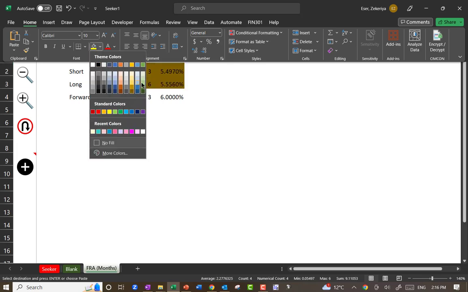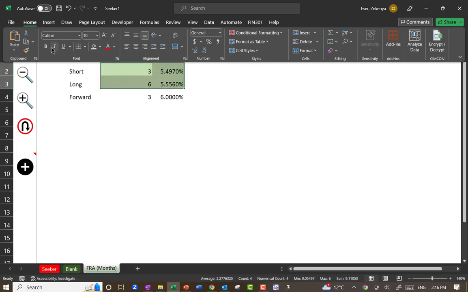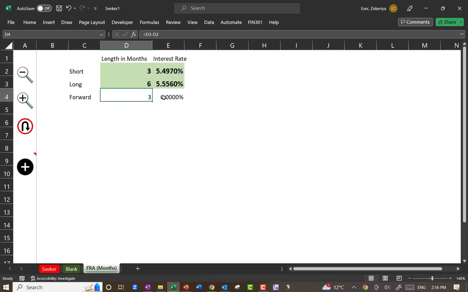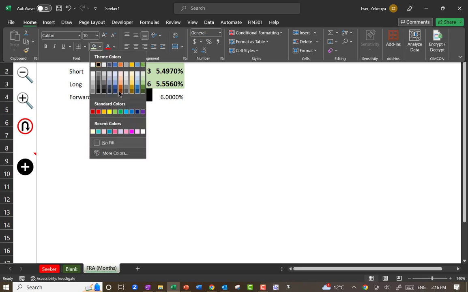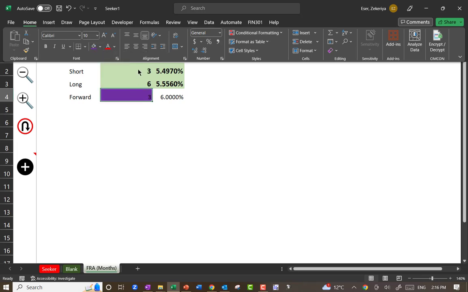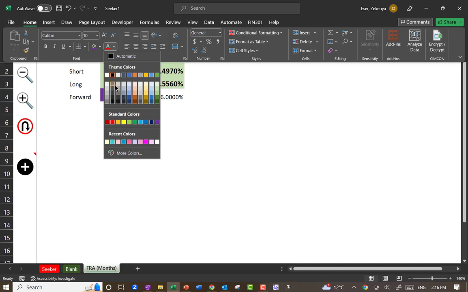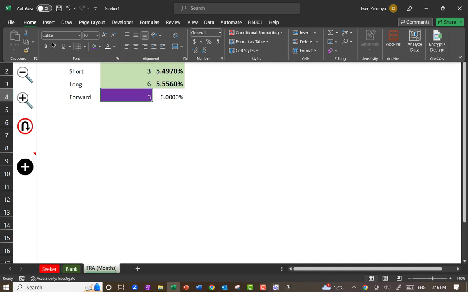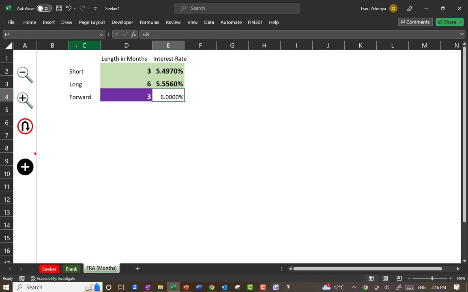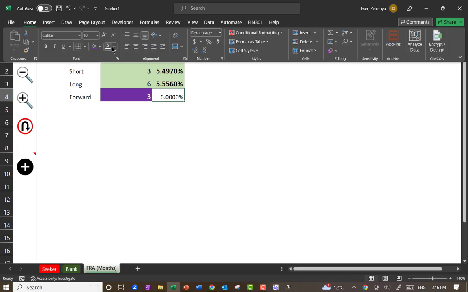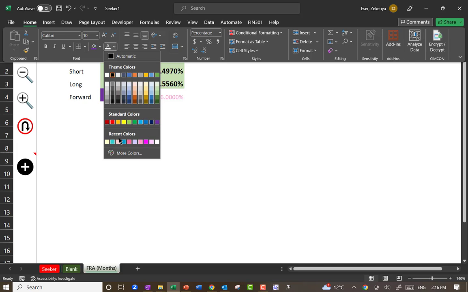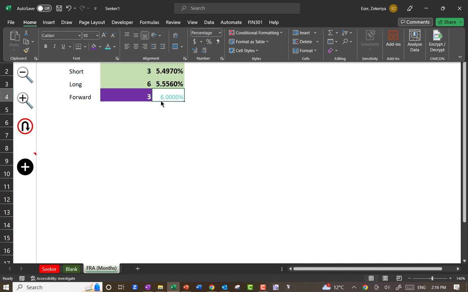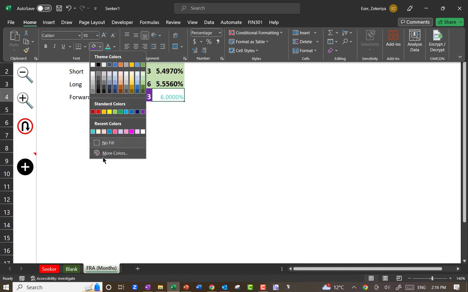So let's make him green background. That's a calculated field. So let's make that purple and white. And it's kind of a special field. And you're going to see why it's special. Oops.